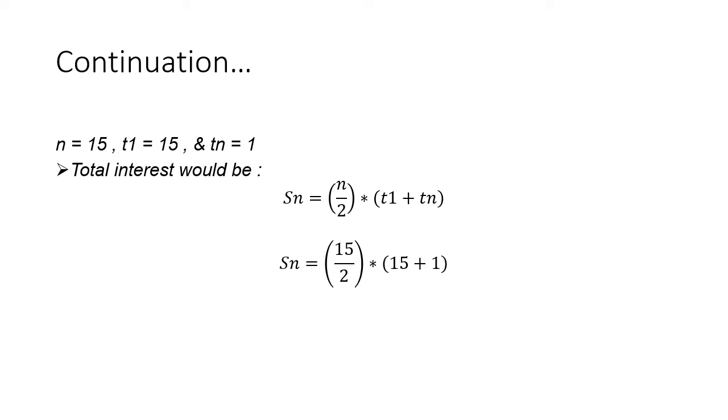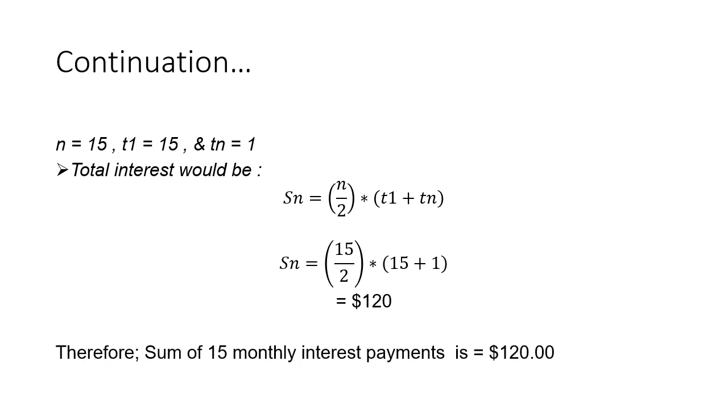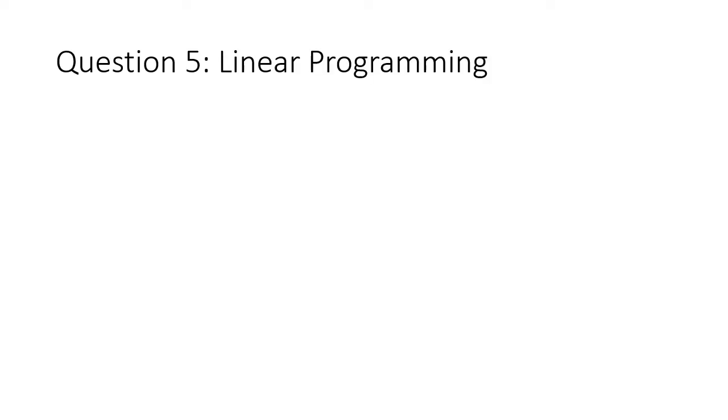Therefore, S of n is equal to n divided by 2 times (T1 plus Tn), which is 15 divided by 2 times (15 plus 1). That simply gives us 120 as the sum of all interest payments. Therefore, the sum of 15 monthly interest payments is $120.